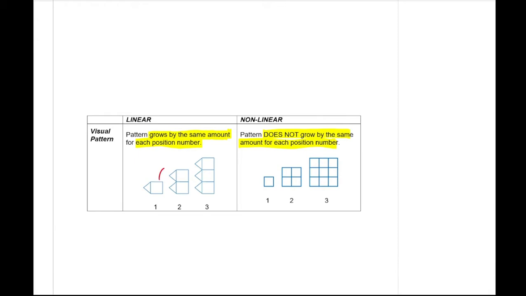Because we can see here, we increase by 1 shape, increase by 1. I'm counting 1 triangle and square as a single figure or single tile. And when we look at the nonlinear one, we've increased by 3, and then we've increased by 5. So we're increasing by different amounts.